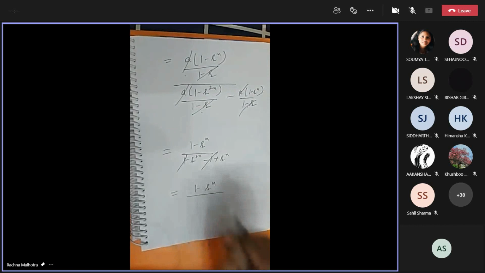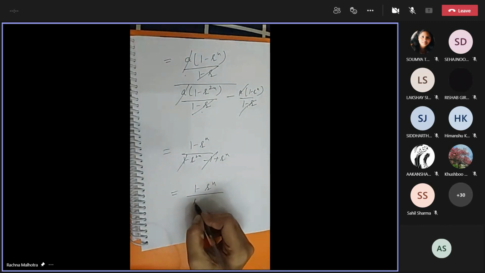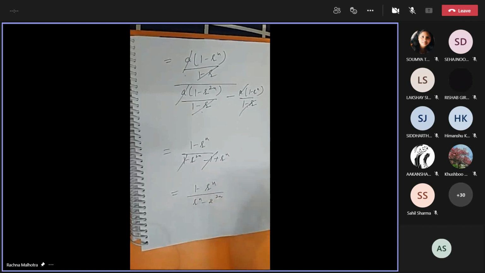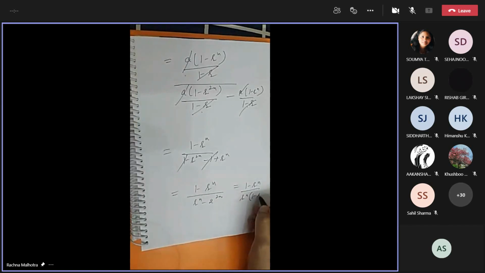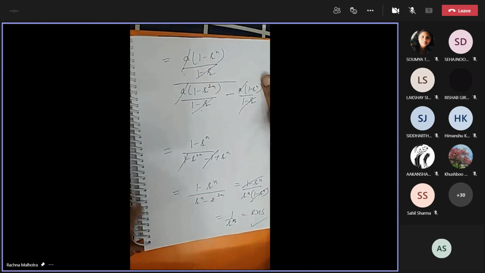So you can see what we are getting here. Can we take out r to the power n common? Just cancel this one. This is 1 by r to the power n, the right hand side. This is what we had to prove. The right hand side should be 1 by r to the power n. Shall I repeat?